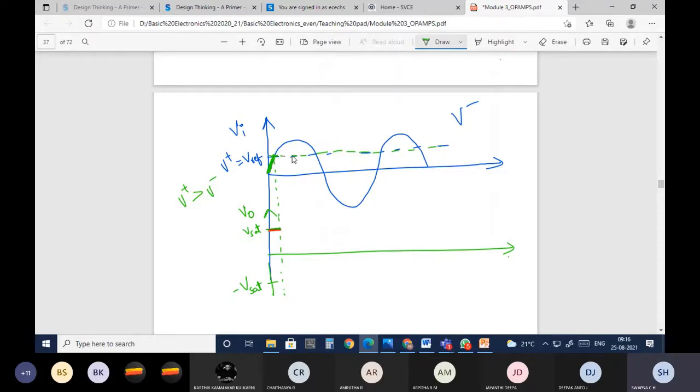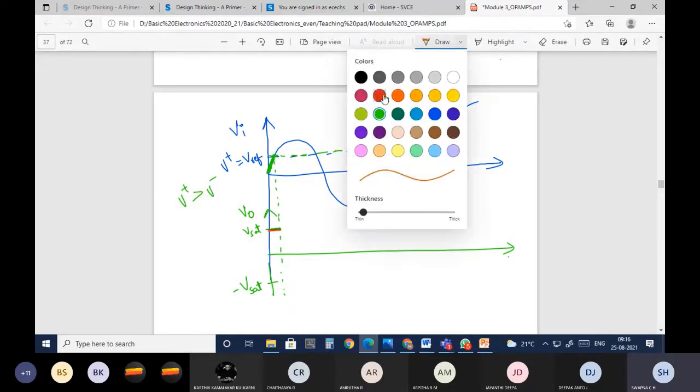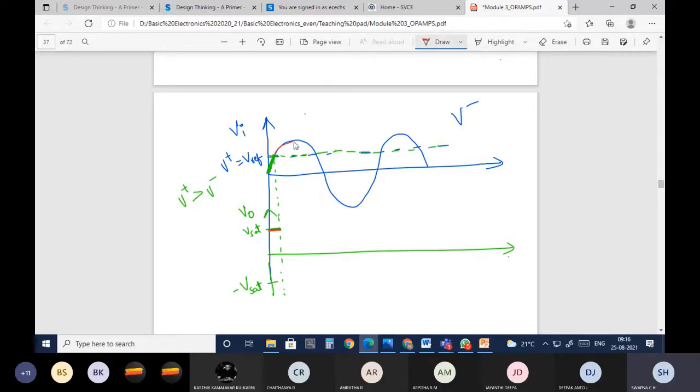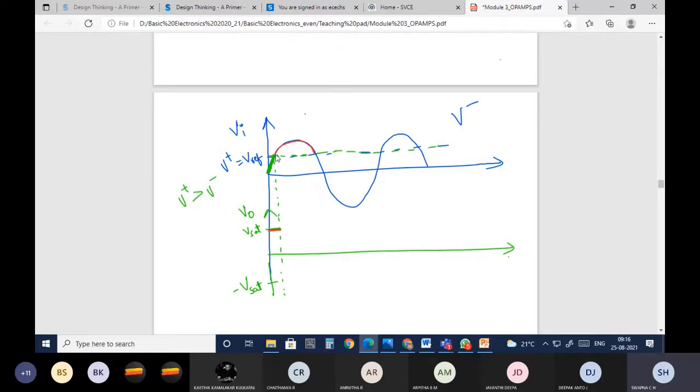Again, this is the reference value. Above this line, I have the input waveform. This is my input waveform now, in the sense that the inverting terminal voltage V minus is this. Is V minus greater than V plus or less than V plus?